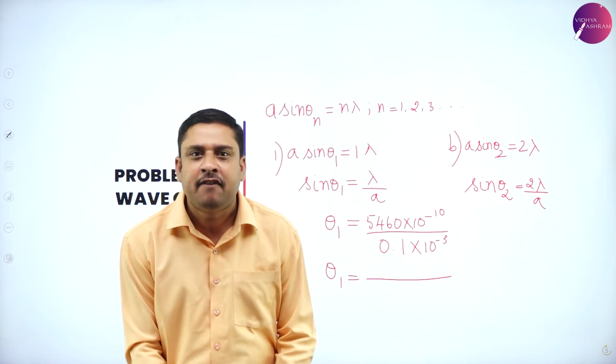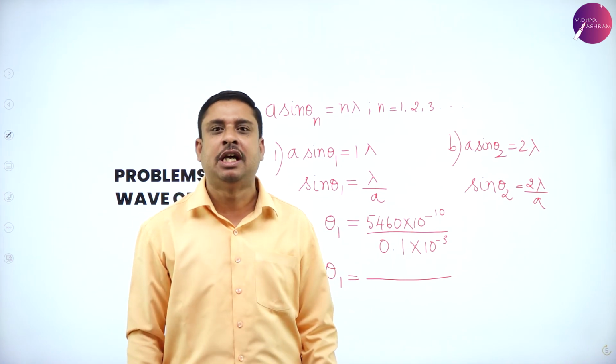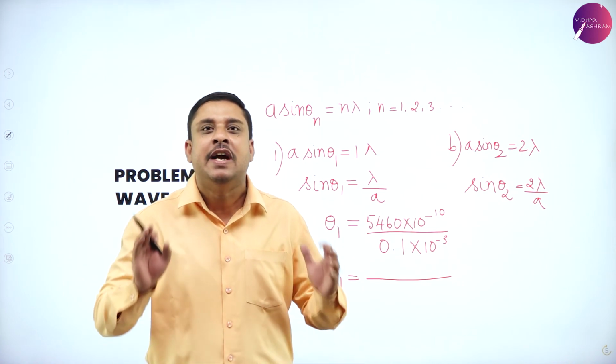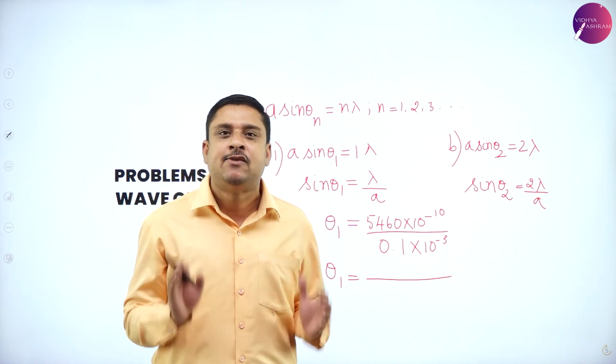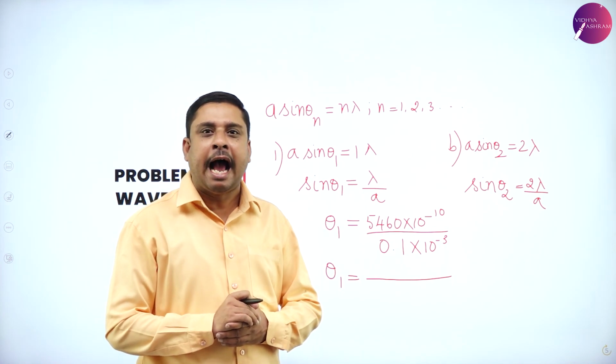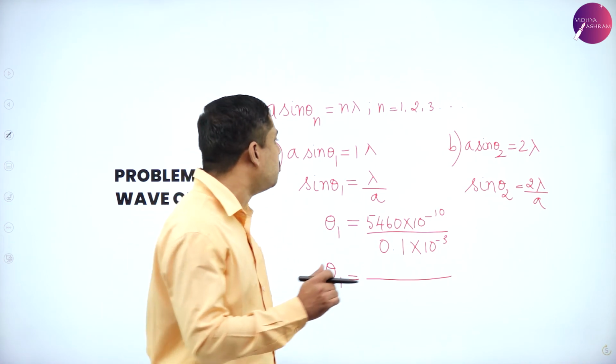So wherever you have Fraunhofer diffraction through a single slit, the width of the slit is very, very small, which means angular position is also very, very small.